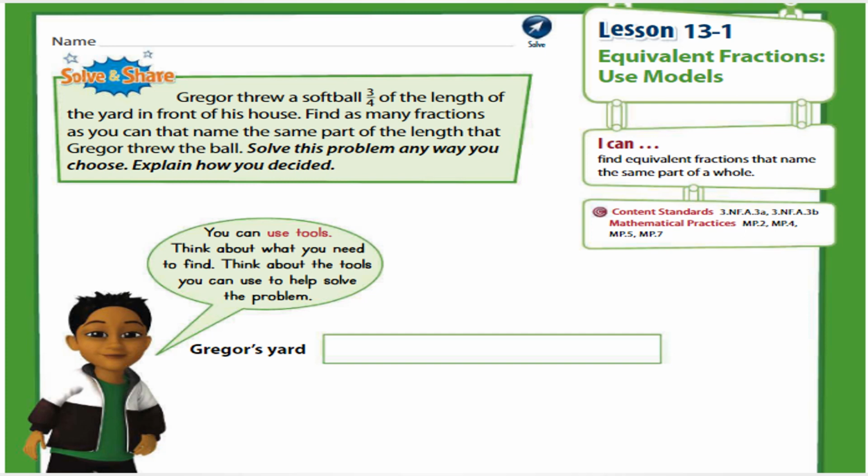How is it? Let's write with me. The fraction given in the question is 3/4, right? 3/4. So what will be the equivalent fraction? Quickly tell me. Excellent. Double of numerator 6 and double of denominator 8. And that's your answer. So easy, right?